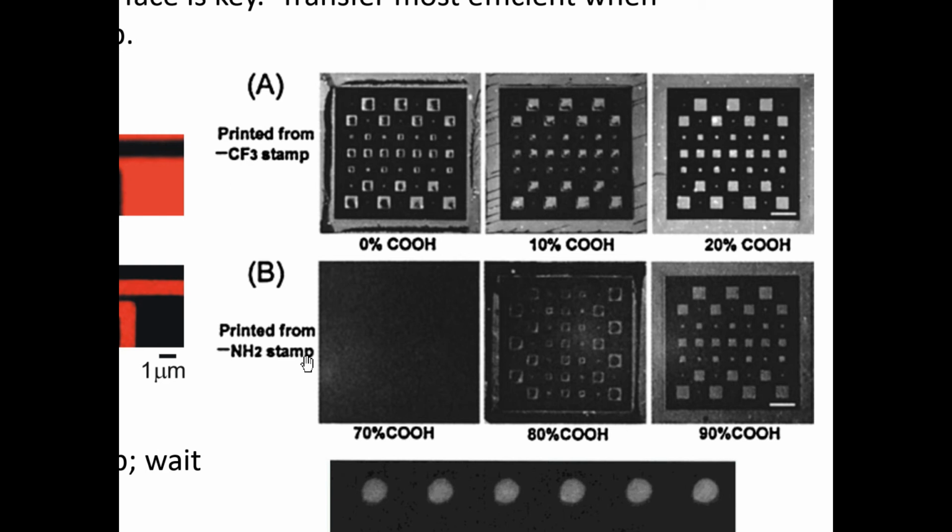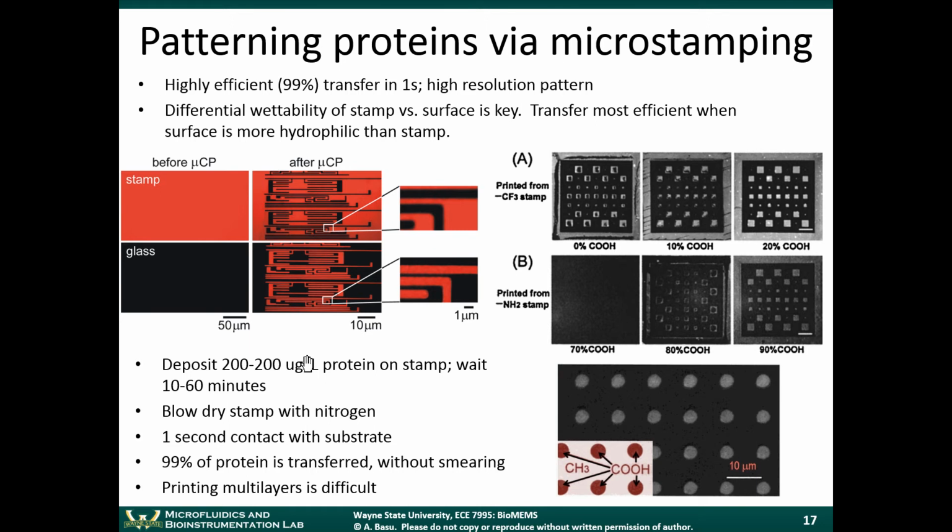I have a question. Yes. What do you mean by printed from a CF3 stamp? I mean, the stamp would be coated with CF3. Suppose you made a PDMS stamp, and then you put a coating on that stamp to render it hydrophilic or hydrophobic.